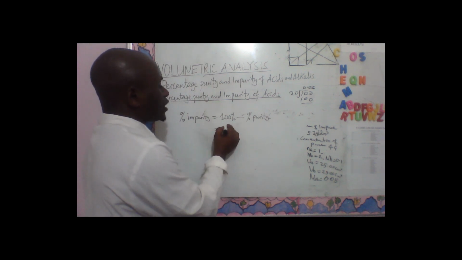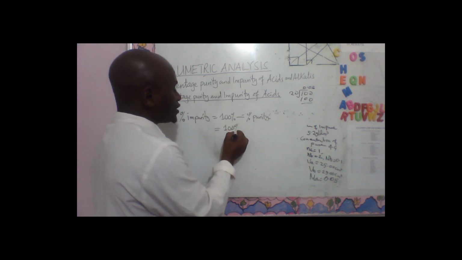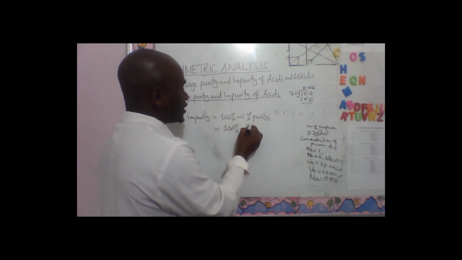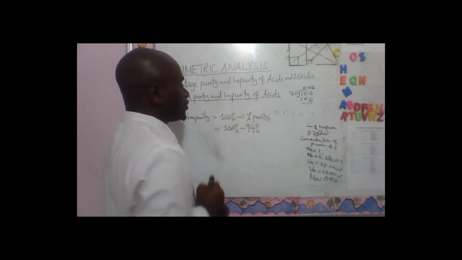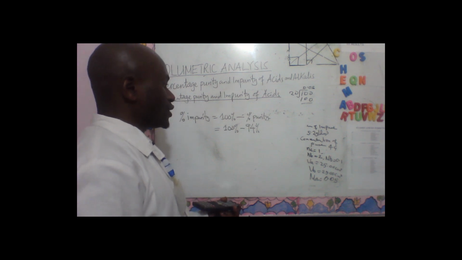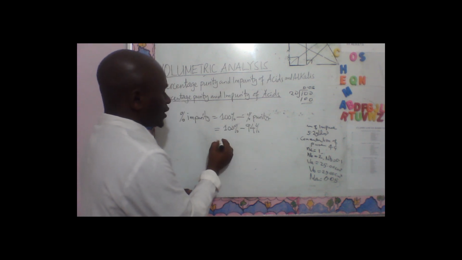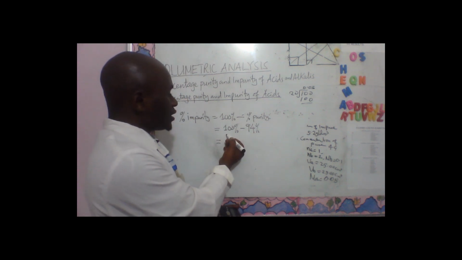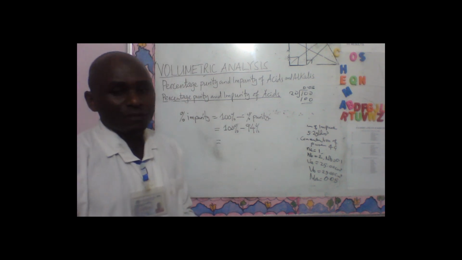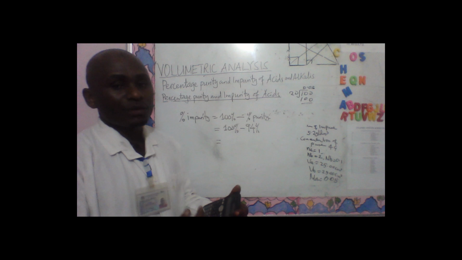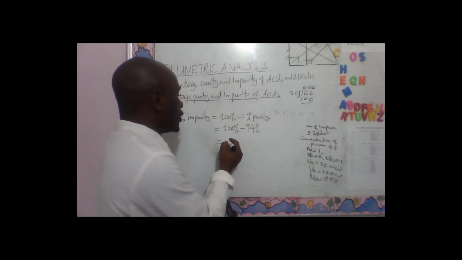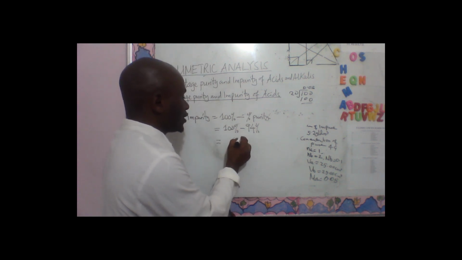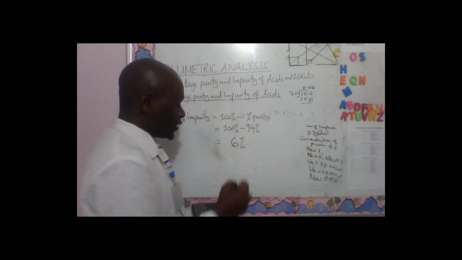So here it becomes 100 percent minus 94 percent, which is the purity. When you take 100% minus 94, you remain with 6%, of a given sample.